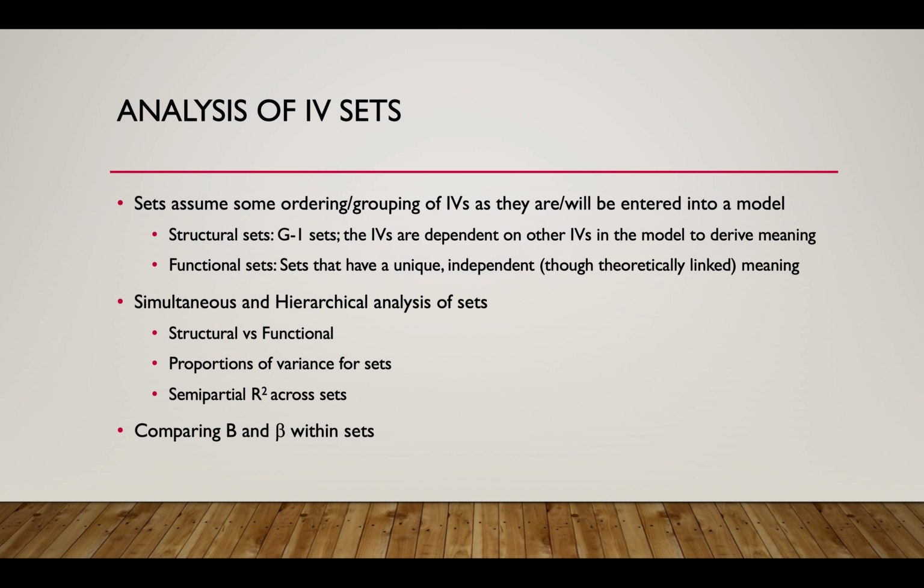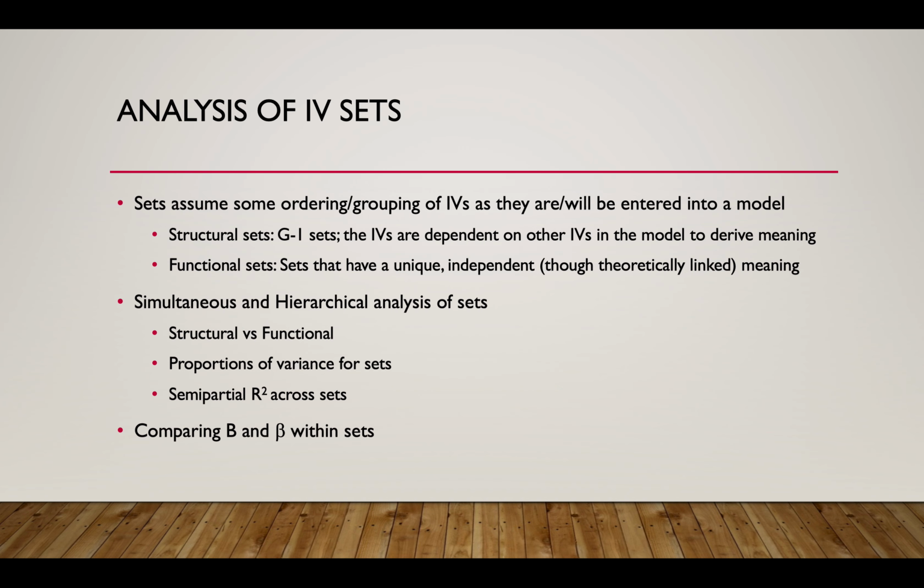All right. Moving right along, let's talk about independent variable sets. A set of independent variables are any type of ordering or group of variables that have some sort of link to each other. There are two basic types of sets of variables. We have structural sets and we have functional sets.